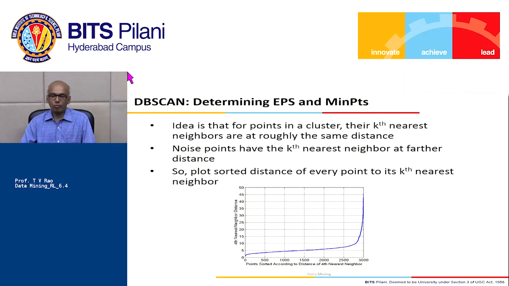To find out the optimal epsilon and optimal min points, we may do a data analysis initially. For example, here we have, let's say, 3,000 points. What we did is plot a graph which represented the distance within which the fourth neighbor exists, that is, within what radius we are able to find 4 points.